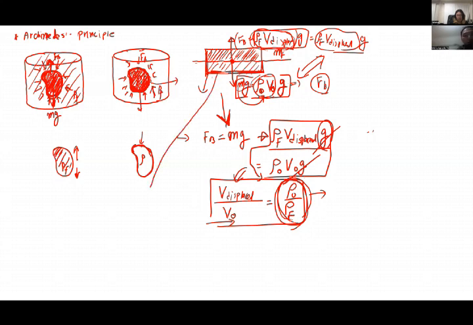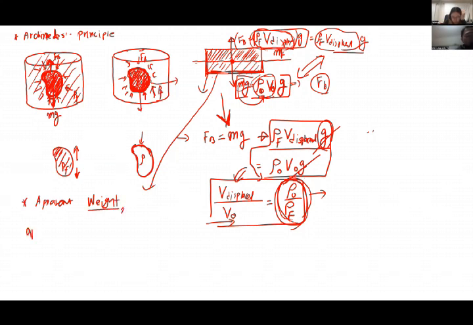From this configuration, you can define the two different weights in terms of how they appear in the surrounding fluid. So the apparent weight in a fluid is defined by this definition.